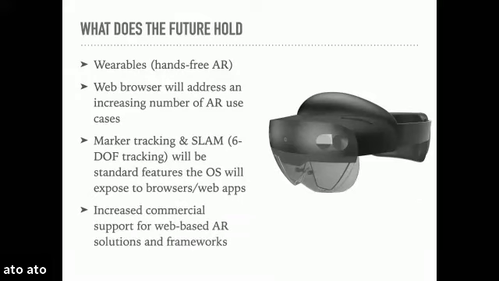And finally, even though what I showed you are open source technologies with AR.js, A-Frame, and WebXR, we're going to also see commercial entities get on the bandwagon and provide support for web-based AR solutions and frameworks as well.